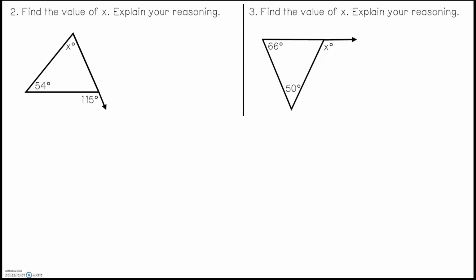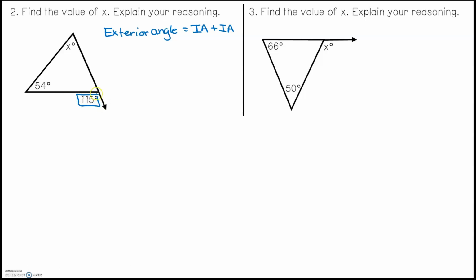Okay, so for number 2, find the value of x and explain your reasoning. So we know that the exterior angle is equal to the sum of the two interior angles. So interior angle plus the interior angle. Okay, so this is our exterior angle.